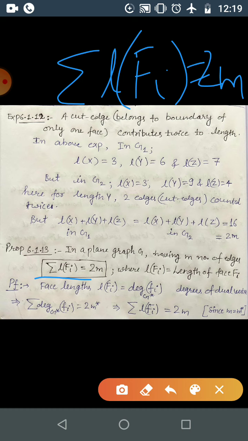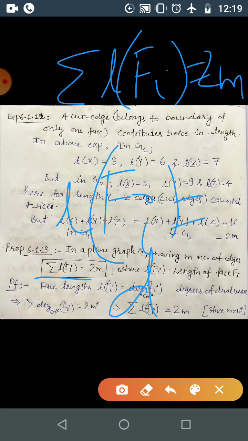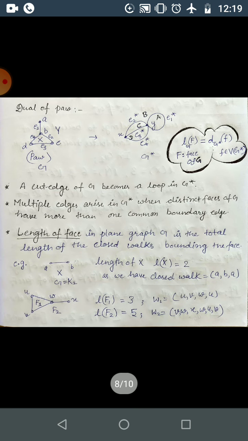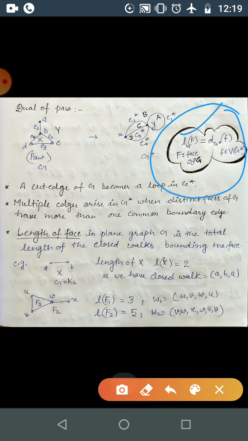Because the face length in G is the same as the degree of the vertex corresponding to this face in G star, correct. I didn't mention this one, so let's come back to this result. Here the length of a face f in G will always be equal to the degree of the vertex corresponding to f in G star.